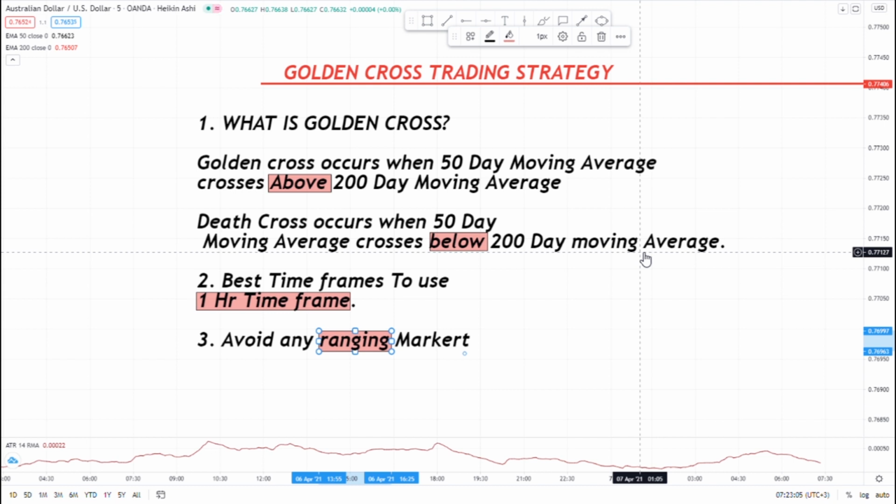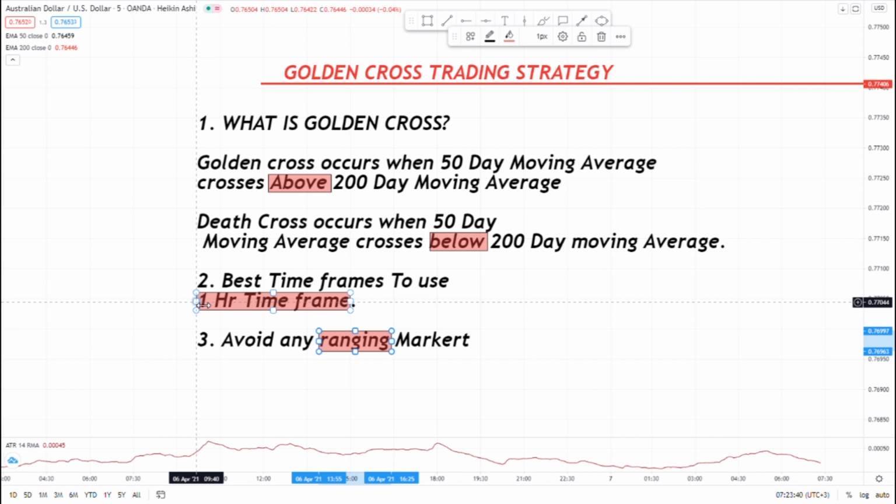The second thing that you need to understand is what is the best time frame to use this golden cross strategy. Many traders have different preferences, but I highly suggest that if you're just a beginner, kindly use the 1 hour time frame, because if you use a daily chart, it is not a strategy to just enter a trade and take your profits in the same day.